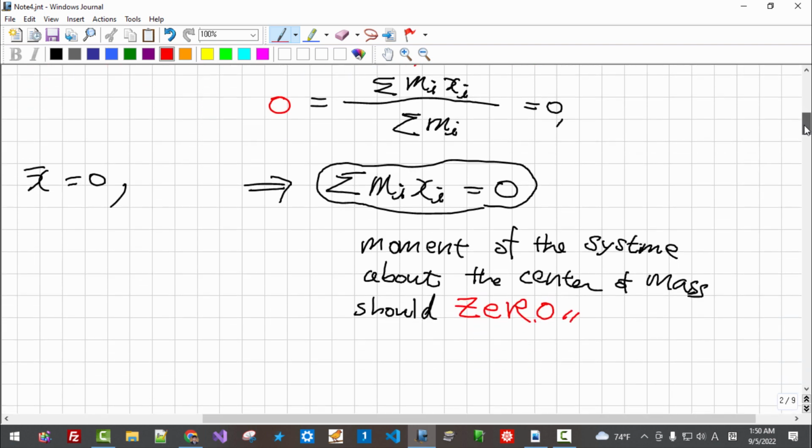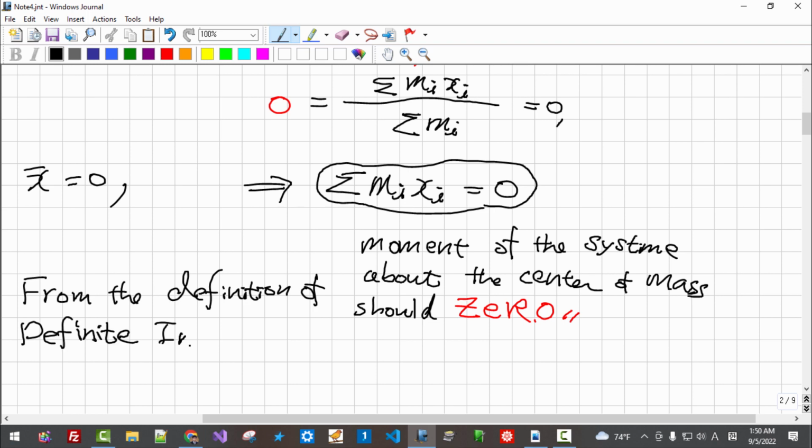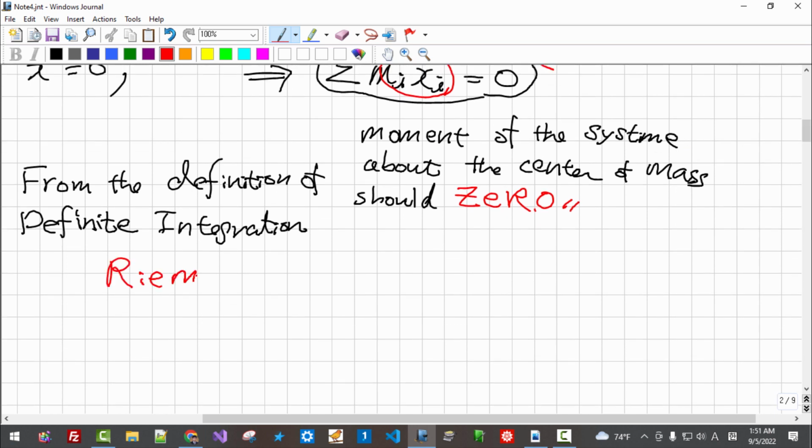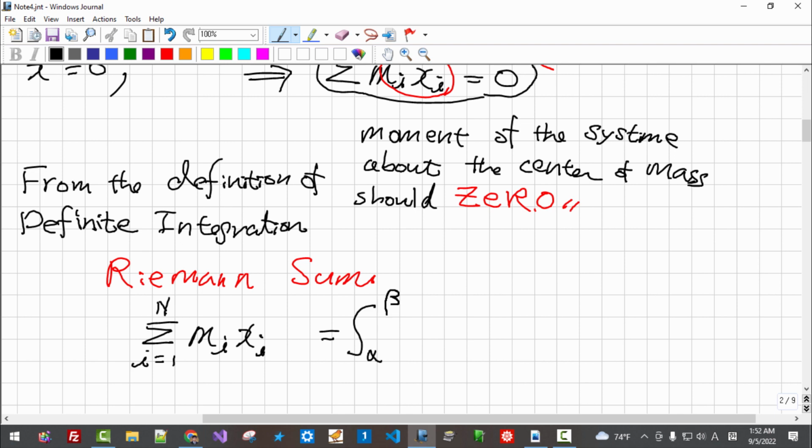We need this concept from the definition of definite integration. This sum is called the Riemann sum. So sigma from i equals 1 to n of mi xi should be the integral from alpha to beta of x dm when n approaches infinity.